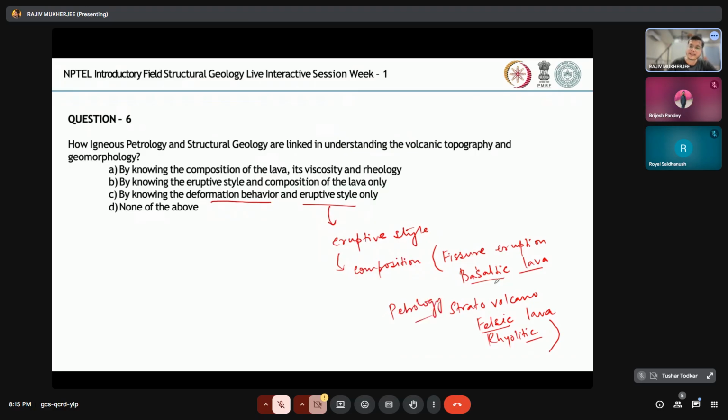right? And once we know the petrology of the lava that I was talking about previously, petrology will directly tell us how the viscosity will change, right?